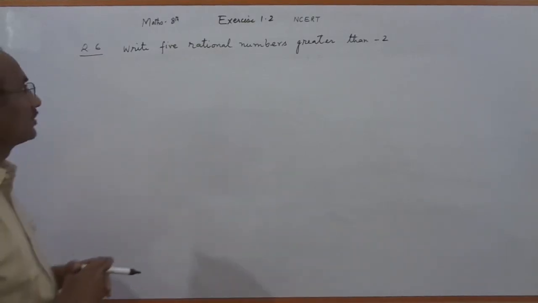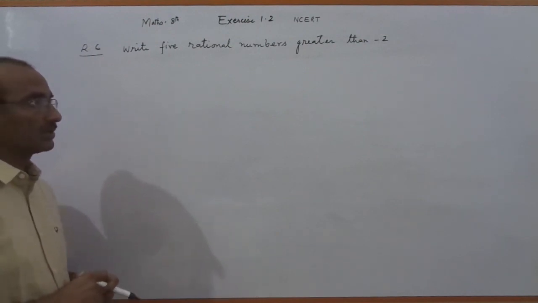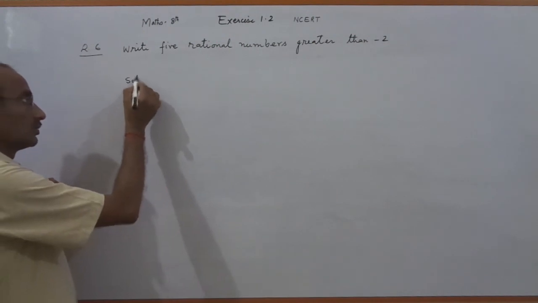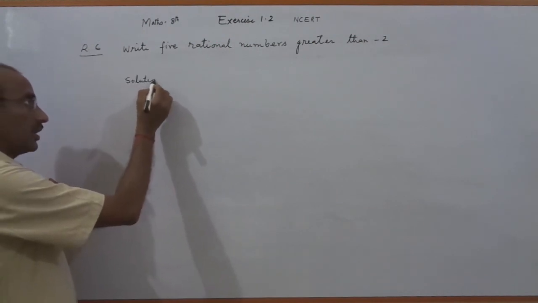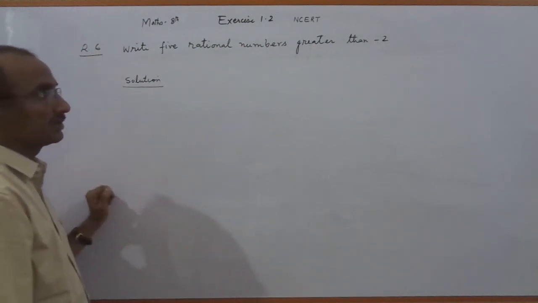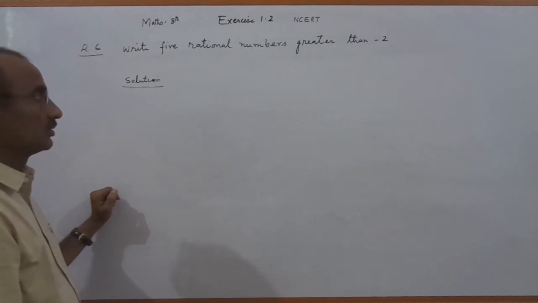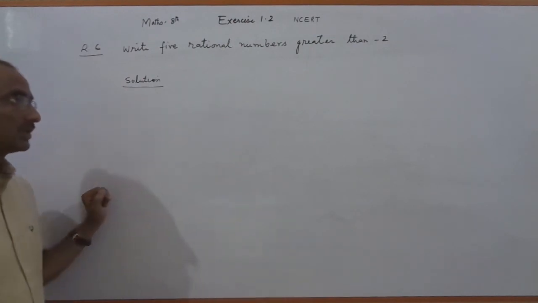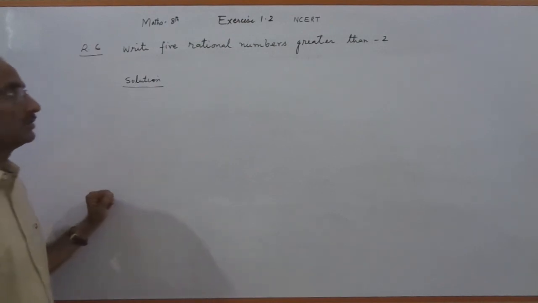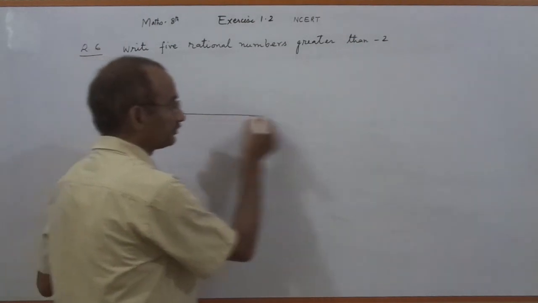Now question 6. Write 5 rational numbers greater than -2. Here we have to find 5 rational numbers greater than -2. So using the concept of rational numbers on the number line, we can easily find our answers.